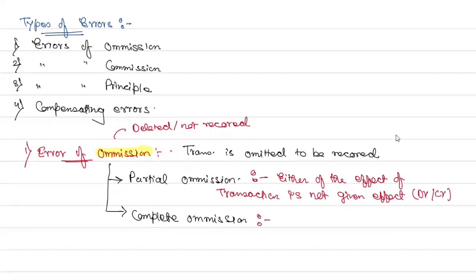Complete omission means both effects of the transaction are missing.